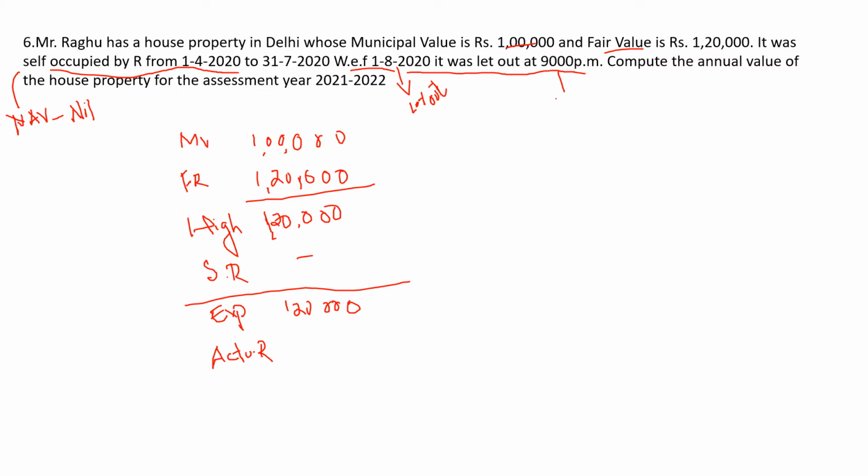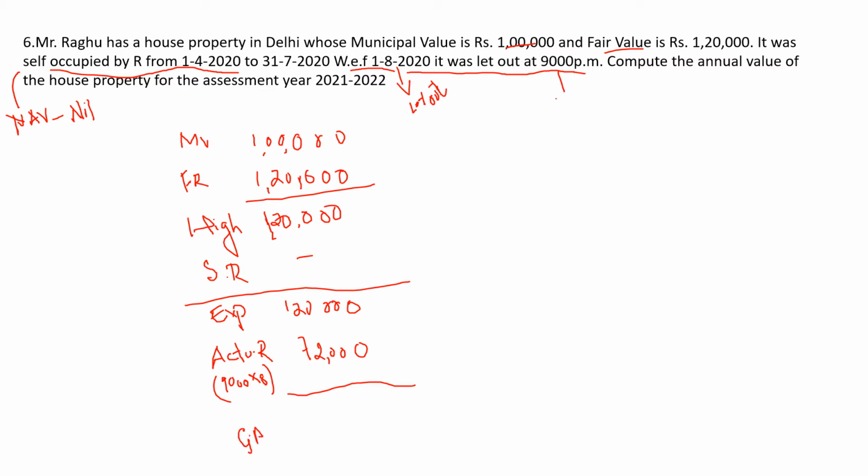The actual rent will be 9,000 into 8, so it comes out to be 72,000. We will be taking the higher of these two to find the gross annual value.